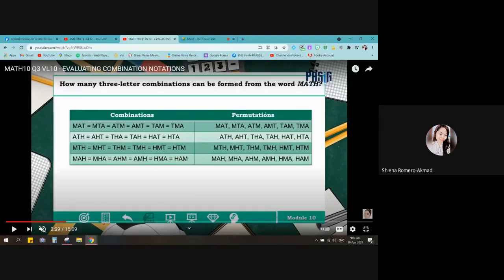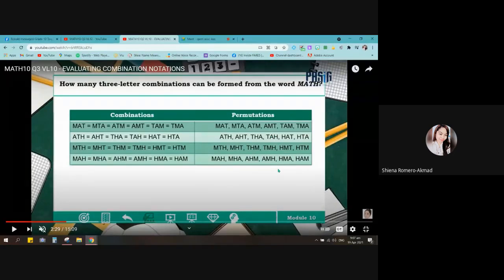If you look at the permutations, that's permutation of 4 taken 3 at a time. So kung 4 taken 3 at a time yan, magiging 24. So ito na lahat yon. Okay? 6 plus 6 plus 6 plus 6, 24.